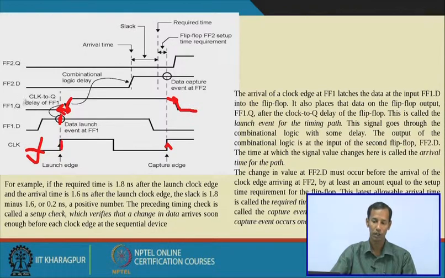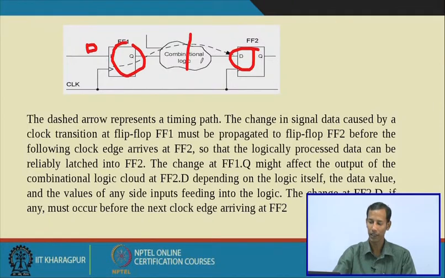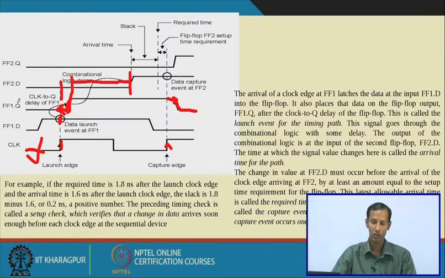Now this Q has been passed through a combinational circuit, and the delay of this combinational circuit is from this particular point to this particular point. Because of this combinational circuit, I am getting a delay in this Q.